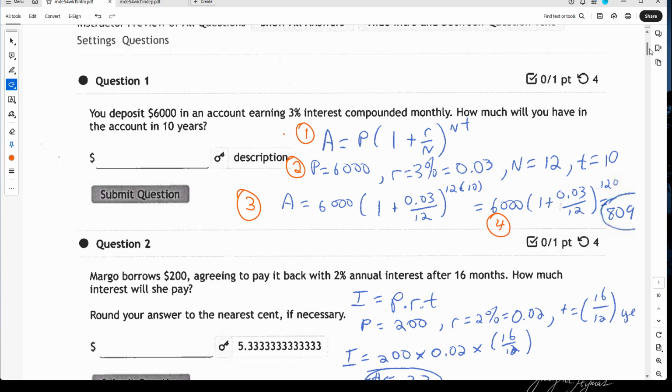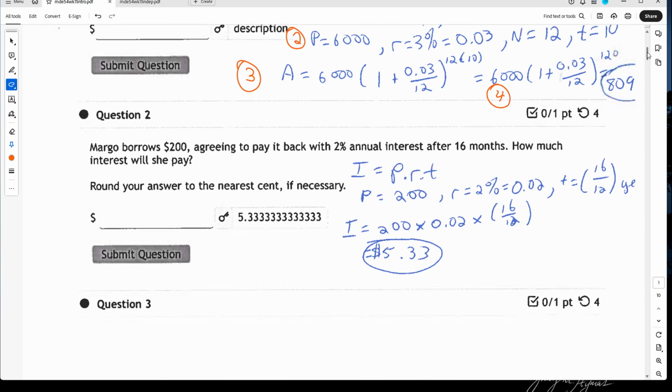Number 2. Meg borrows $200, agreeing to pay it back with 2% interest in 16 months. How much interest will she pay? So I'm using a simple interest formula here, where P is my principal, 200, and R is the rate at 2%, which is the decimal 0.02. 16 months is given in months.